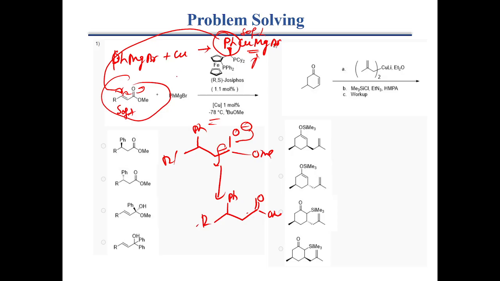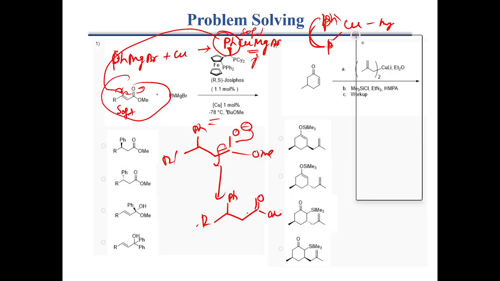The copper complex, whatever the form, will have the copper, magnesium, and the ligand, the phenyl phosphine ligand, and this is the Ph. This will form from the beta orientation. As this methyl is beta, this attack also happens from the beta.